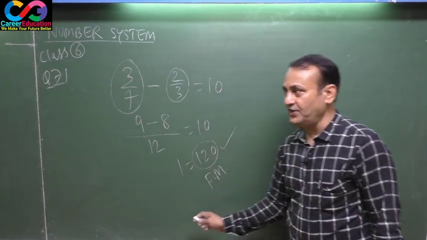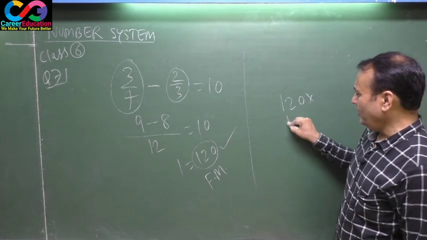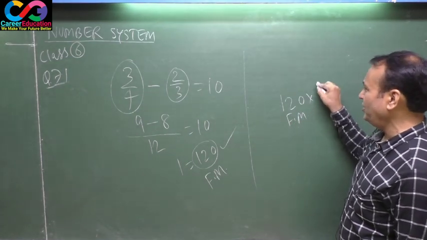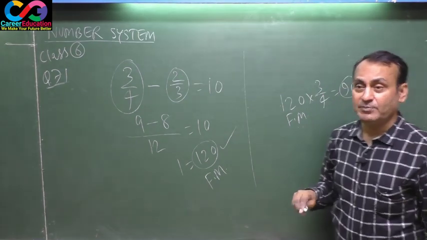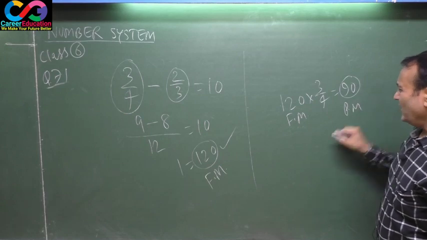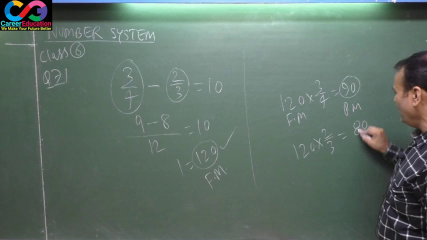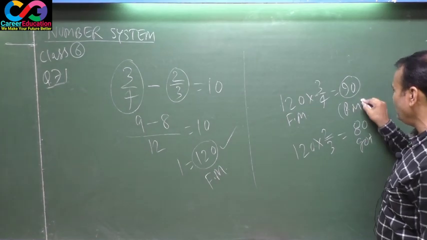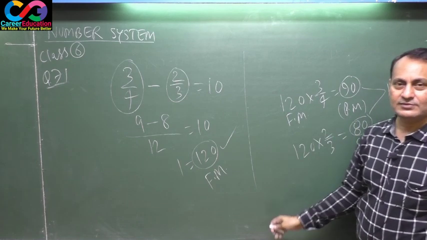And for verification, for confidence, you must see here. If full marks was 120, 3 by 4 of that is 90, the minimum pass marks. The student got only 2/3, that means he got only 80 marks. You can see he will certainly fail by 10 marks.